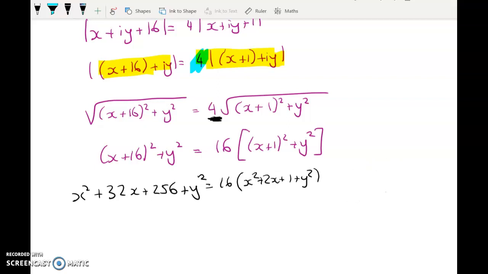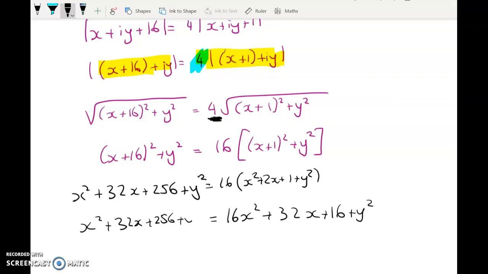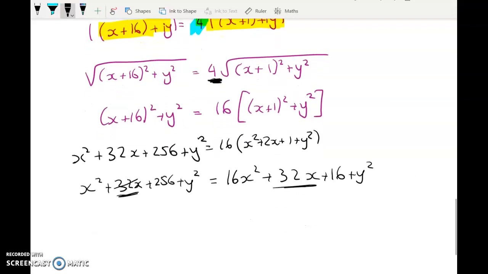So let's expand all of that out. On this side, we're going to have 16x squared plus 32x plus 16 plus 16y squared. And the left-hand side hasn't changed. So hopefully you can see something cool happening here. We've got the 32x on both sides, so that can be subtracted. And now, moving everything to the right-hand side, 0 is equal to, well, I could do it a couple of ways.